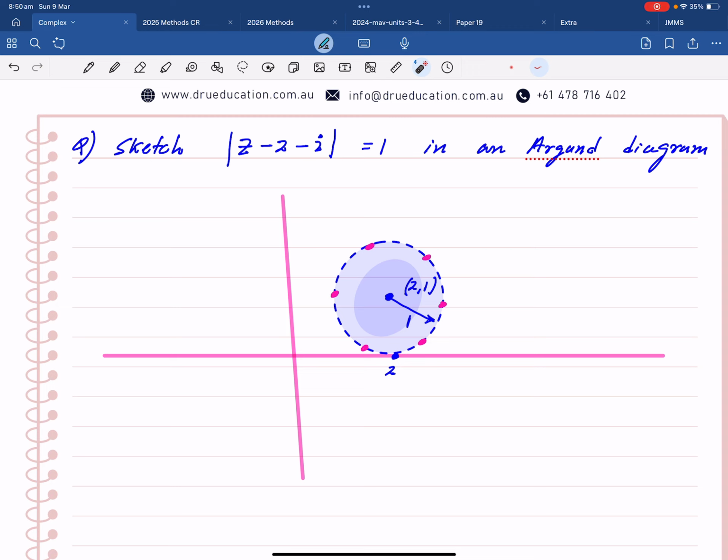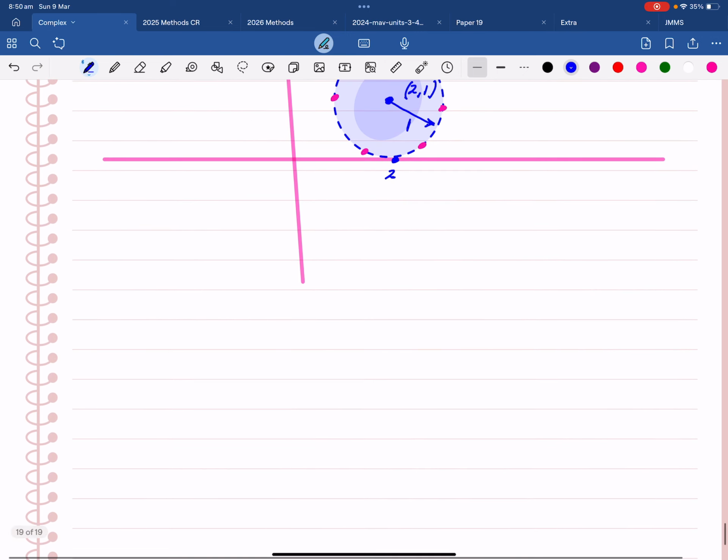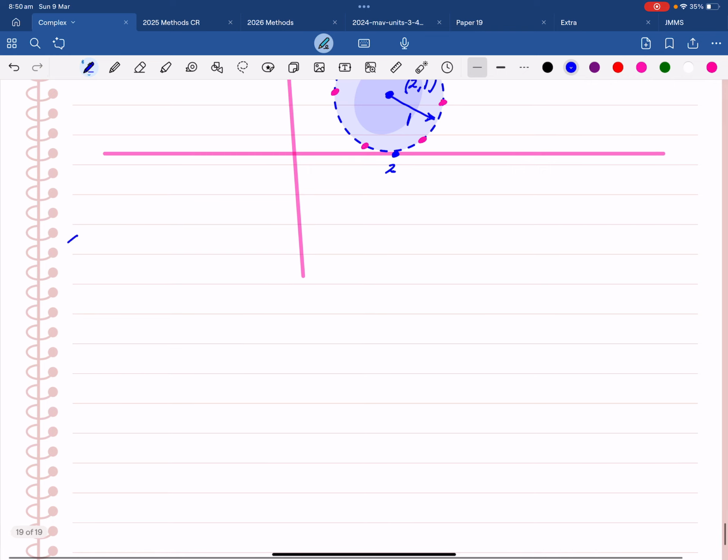Next one. Now we'll extend this idea in this way. Let |z − 2| = |z − 2i|.